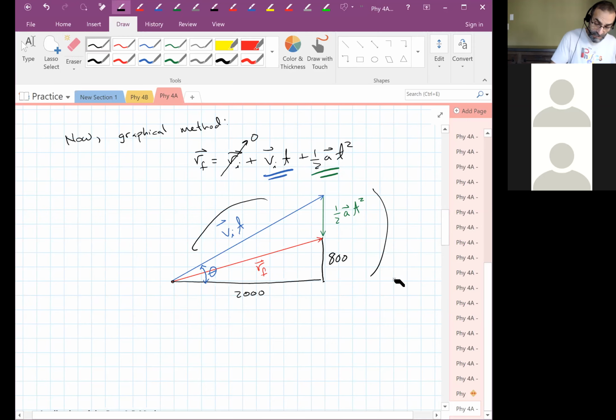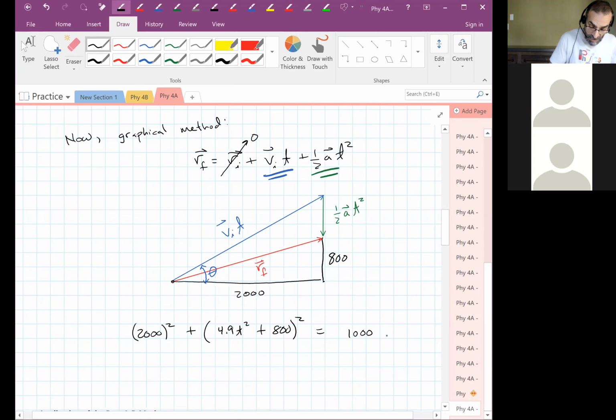So I've got 2000 squared plus, what is 1/2 at squared? It's 4.9 t squared, plus 800, has to equal V initial, which is 1,000, right? That side squared.